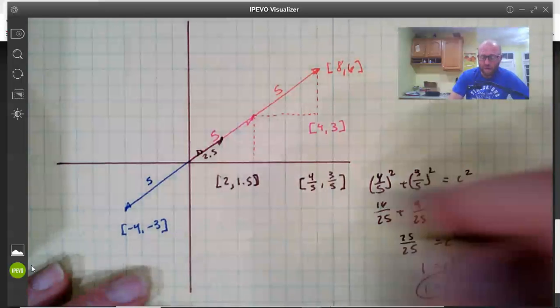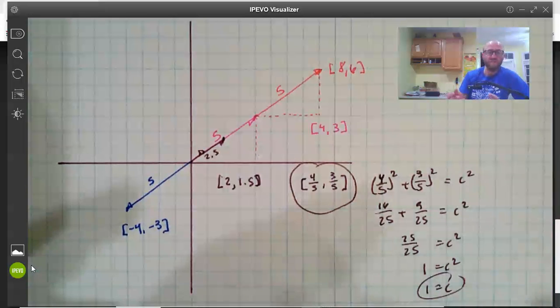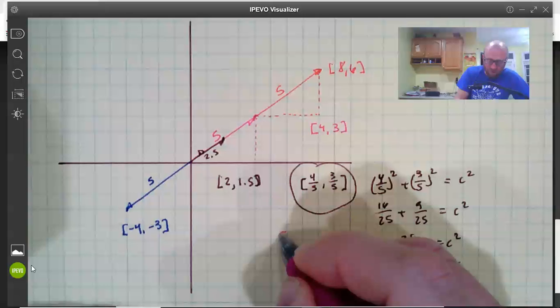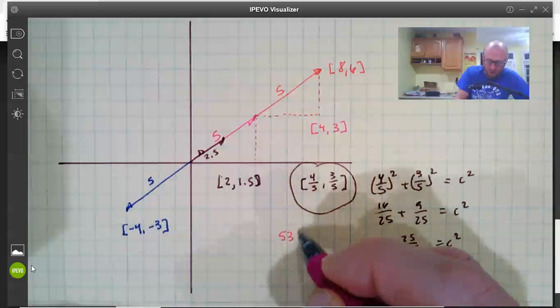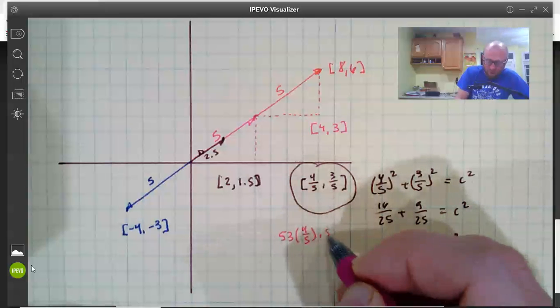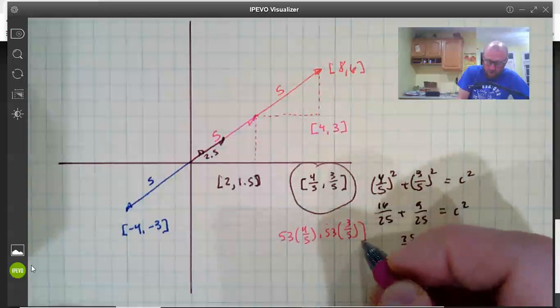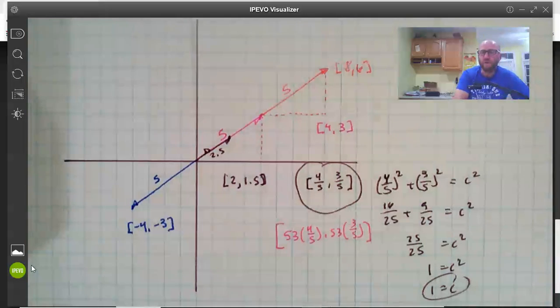Now I can find a vector of any length I want simply by taking this unit vector and multiplying the coordinates by the length I want. So if I want a vector that's 53 units long, well, it's 53 times 4/5, 53 times 3/5, and that's my vector, whatever that works out to.